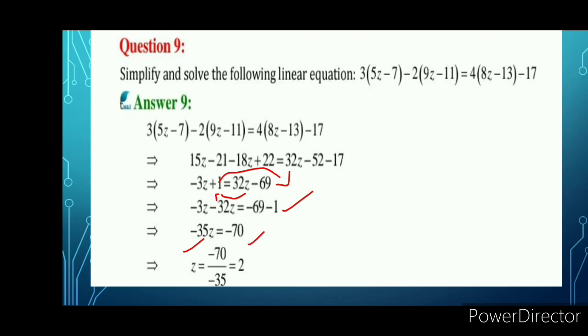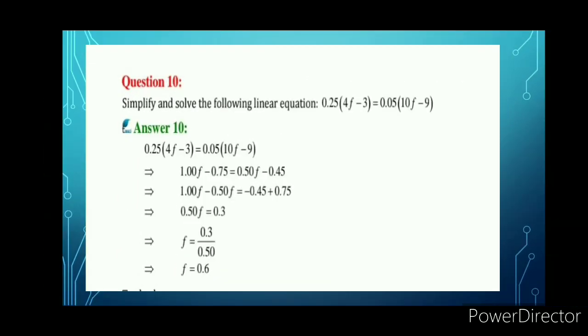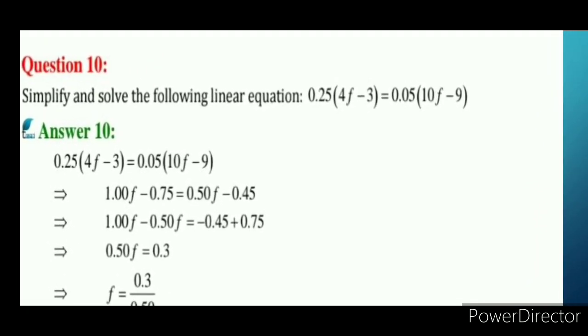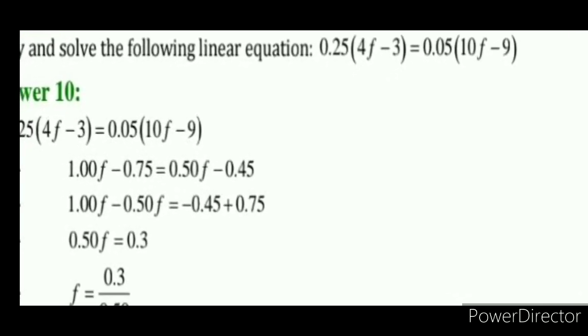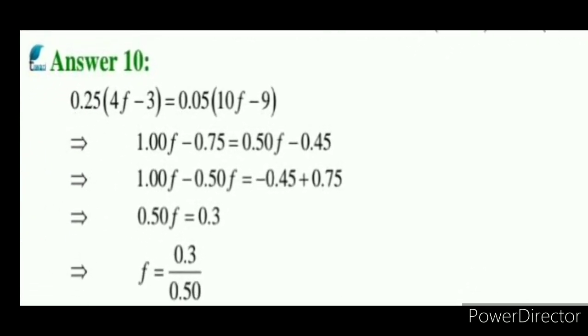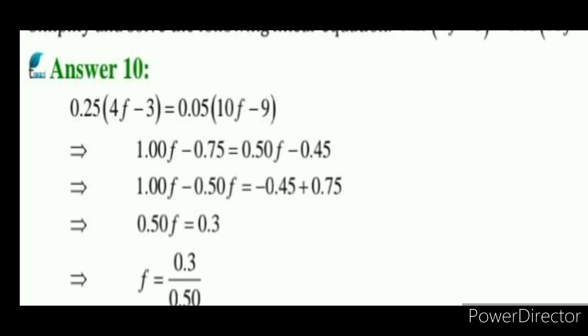I hope this much explanation is enough. Next, the last question of this exercise. Again we have brackets, one bracket on both sides. But here the variable is f, given differently. Till now we didn't see the variable f anywhere.